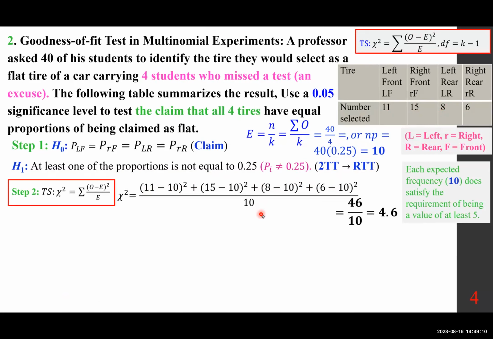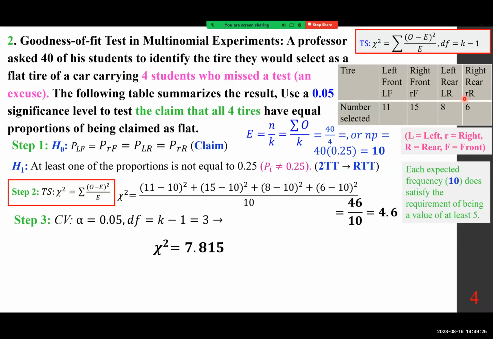We get the same critical value as before because alpha is the same, 0.05. Degrees of freedom is k minus 1, 4 minus 1 is 3. So we get the same answer. And when we go with the graph, clearly the test statistic is way into the non-rejection region.